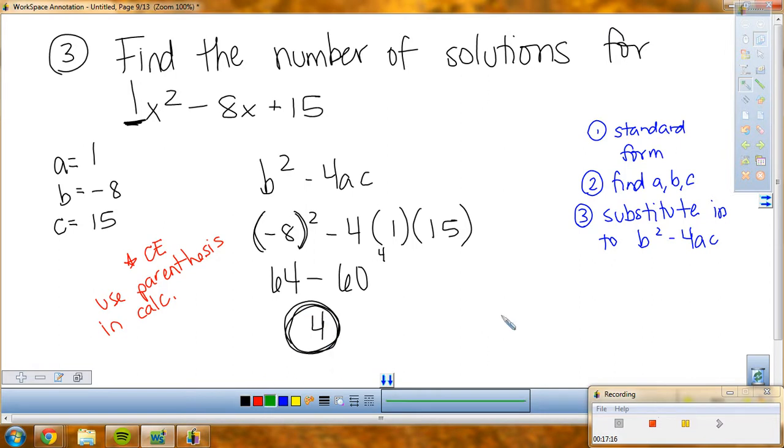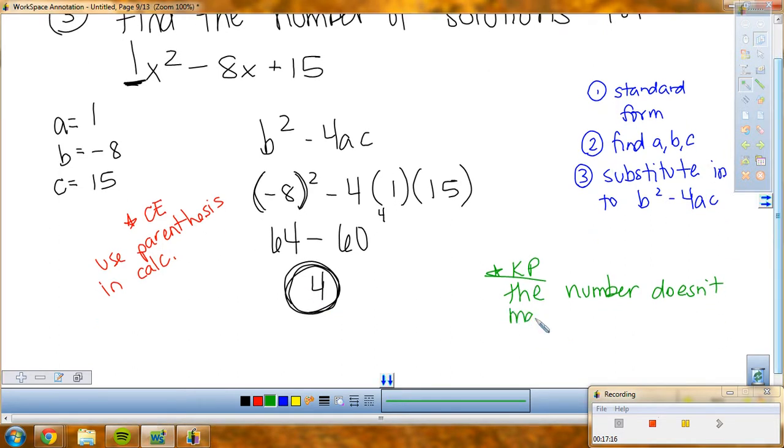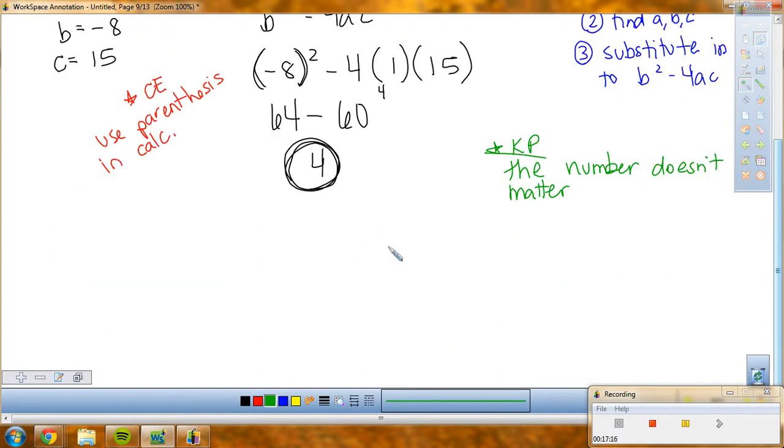All right? So here's another key point. The number doesn't matter. This isn't saying we're getting 4 solutions. The number doesn't matter. All we want to check is your answer: positive, negative, or 0?